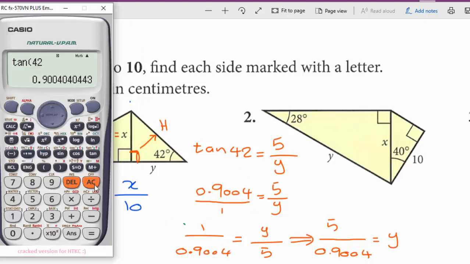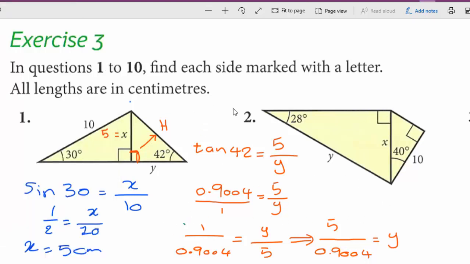We have 0.9004 in the calculator, so we just need to divide 5 by the answer. 5 divided by 0.9004 is equal to 5.553. It means y is 5.55 centimeters.